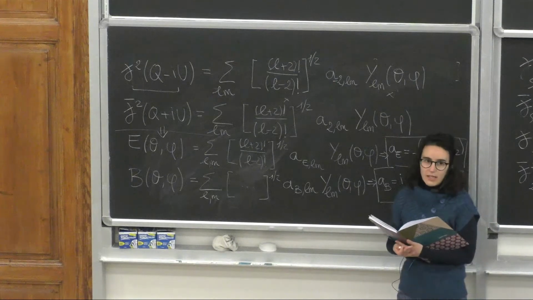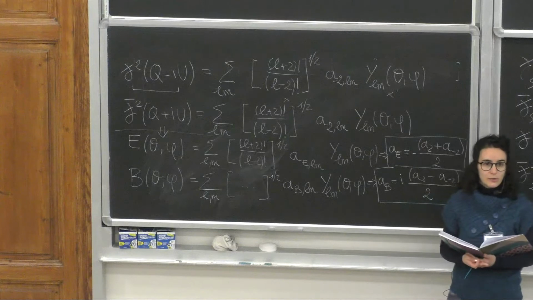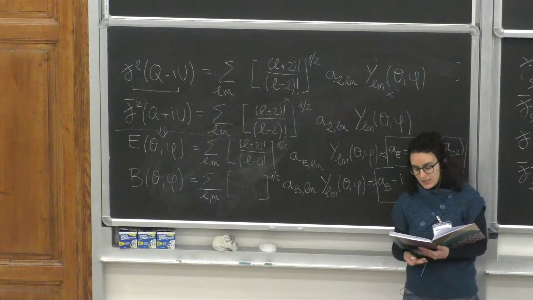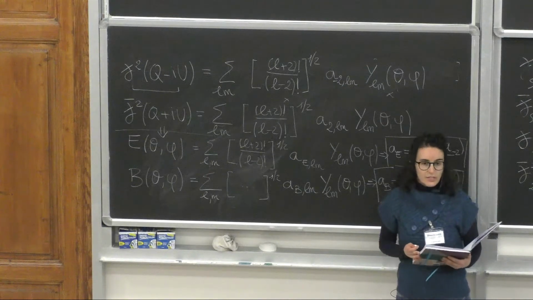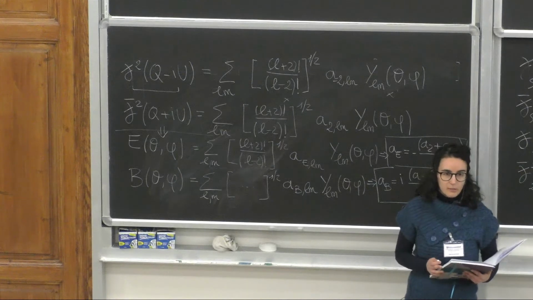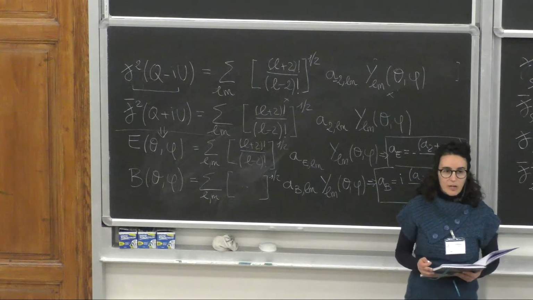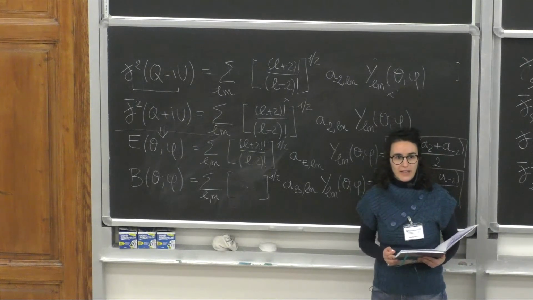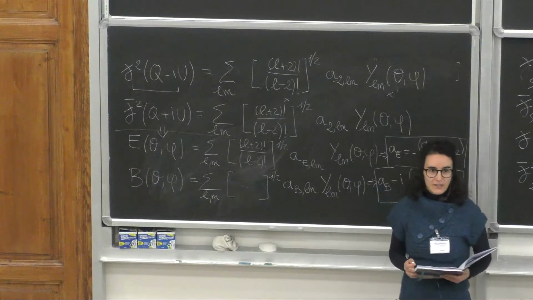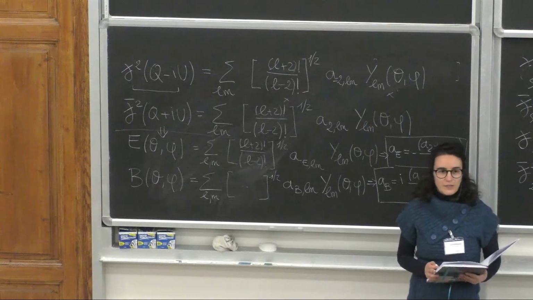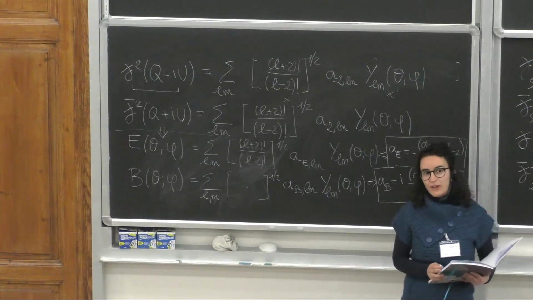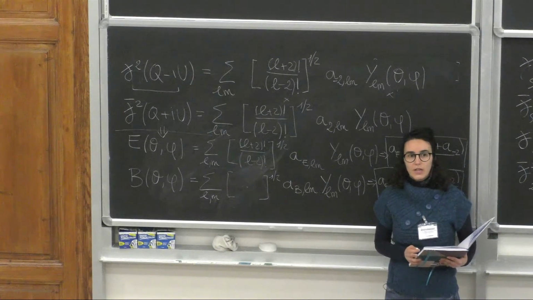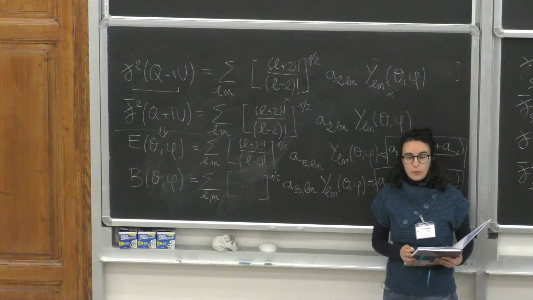Then, as any other 2x2 symmetric tensor, P_ab can be decomposed into a trace and traceless part. And the traceless part can further be decomposed in a similar way in which you usually decompose a vector field. So you can write a vector field as the gradient of some scalar and as the rotor of some other vector field. And this very same decomposition applies to the traceless part of the polarization tensor.